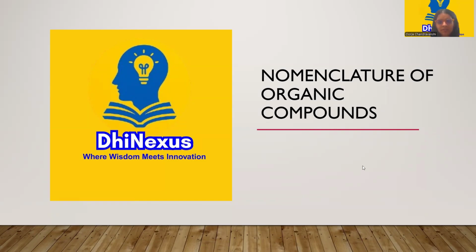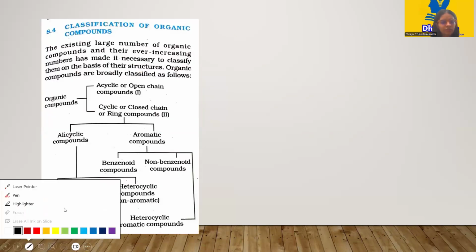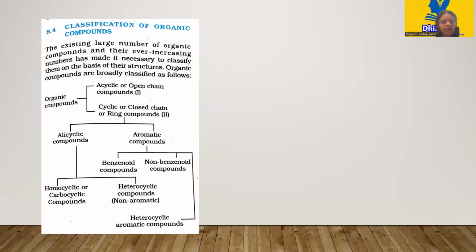So first we'll begin with, what are organic compounds? Organic compounds can be classified on the basis of two things. At first you have acyclic compounds or open chain compounds. These are also called aliphatic compounds.